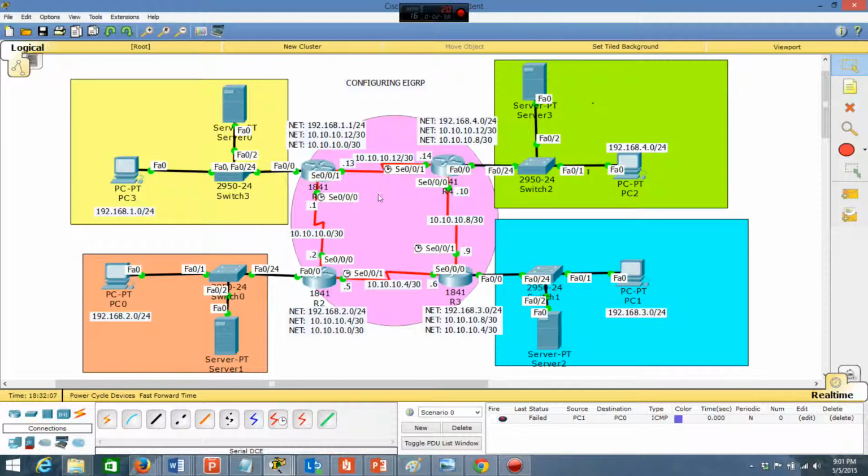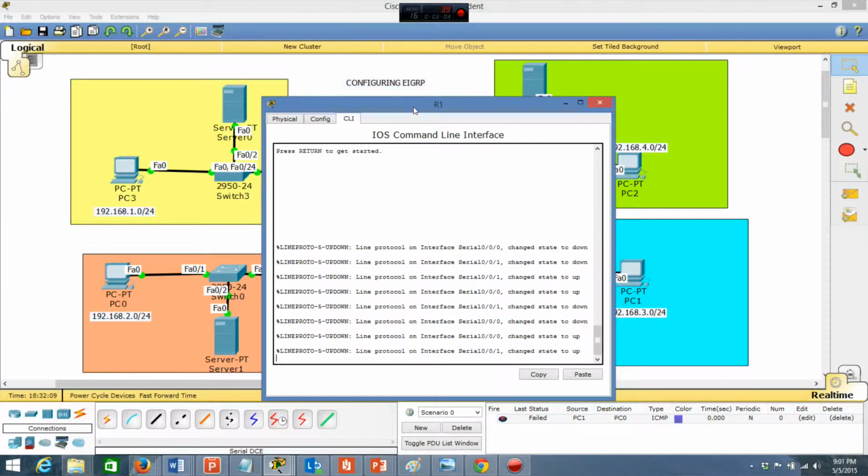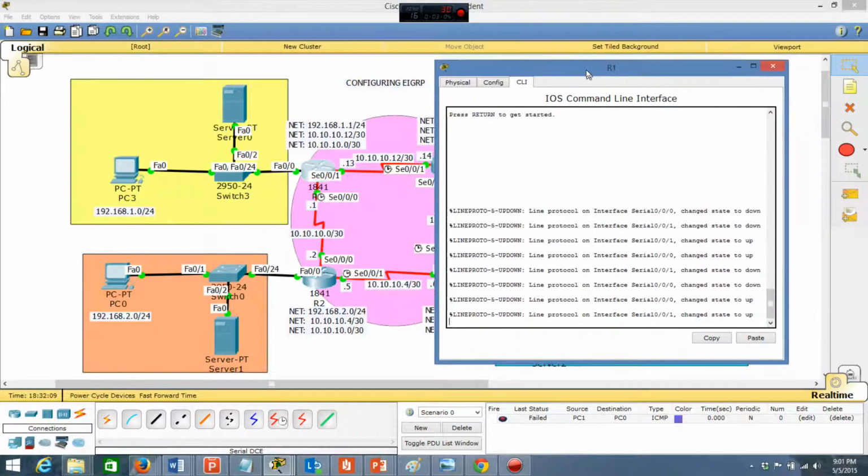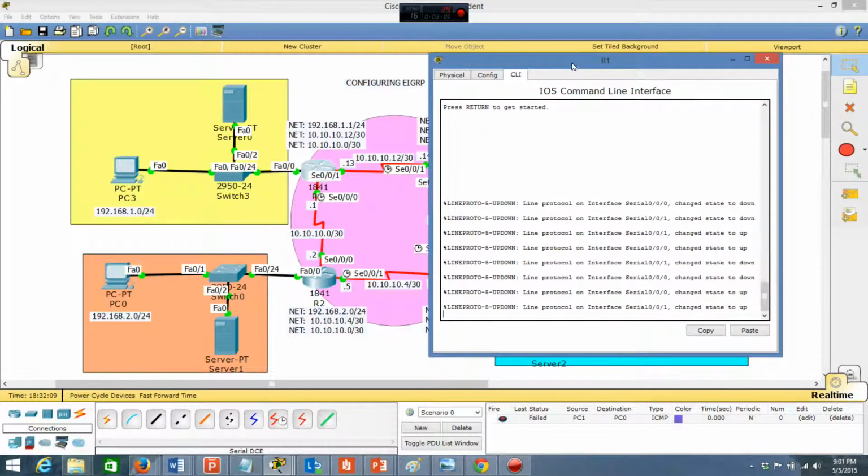So that's what we are going to do: configure EIGRP to have all of our networks talking to each other. If you have a lot of networks, you wouldn't want to introduce static routes to remote networks. That would be a lot of work. Instead, you work with the routers, introduce all of your LANs through the routing protocol, and you can have routing going on.